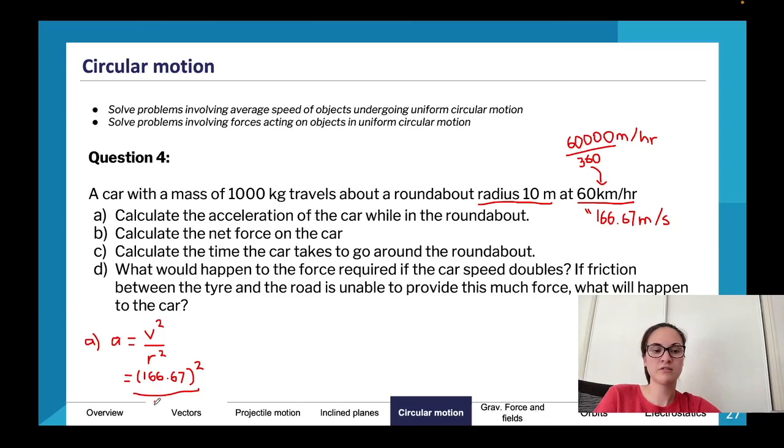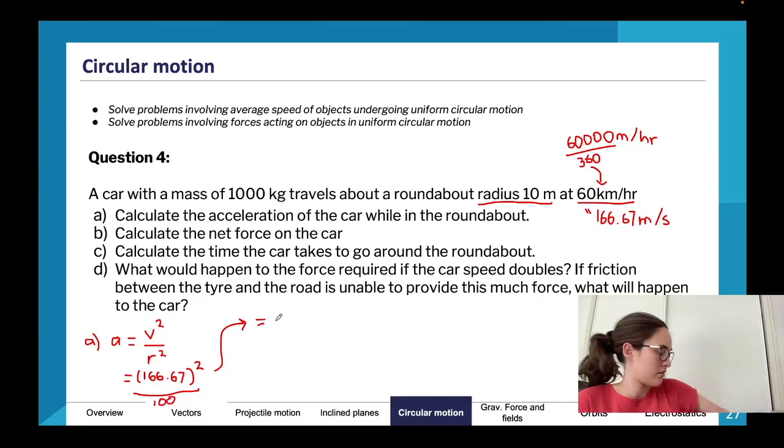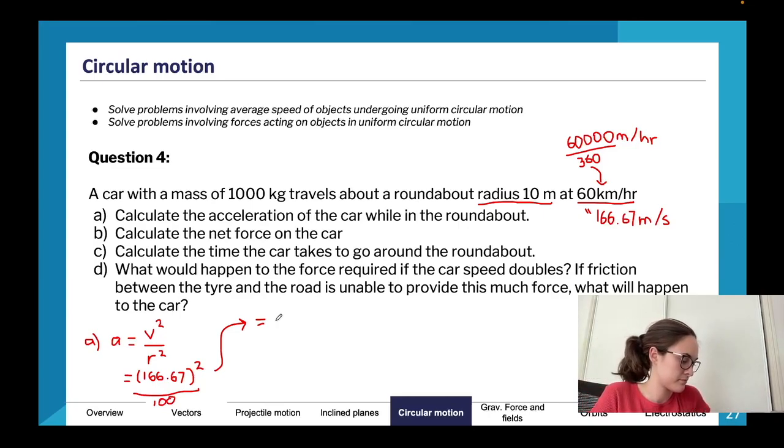So 10, that's just going to be 10. Putting it into the calculator, that's going to be 27.79 meters per second squared.